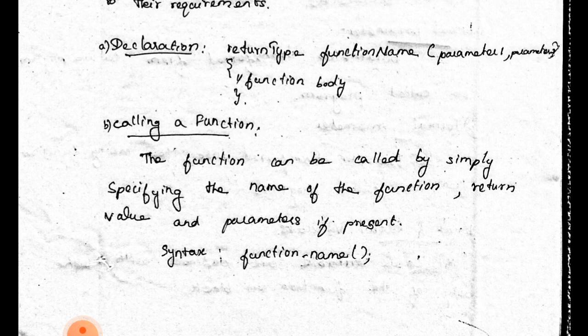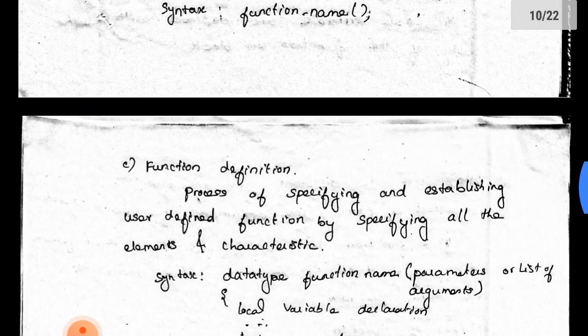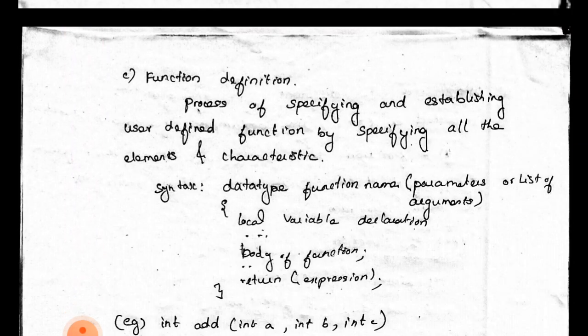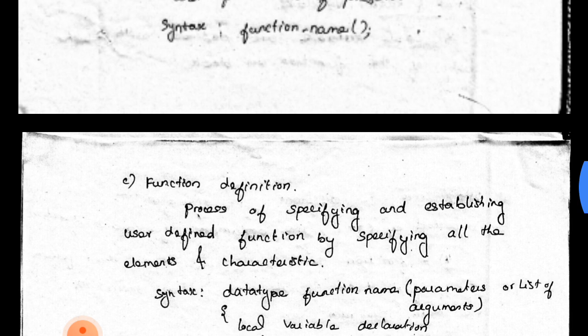This is called calling a function. Then function definition. Function definition means all elements which are contained in the program. Calling a function means that particular function name is called by the compiler.